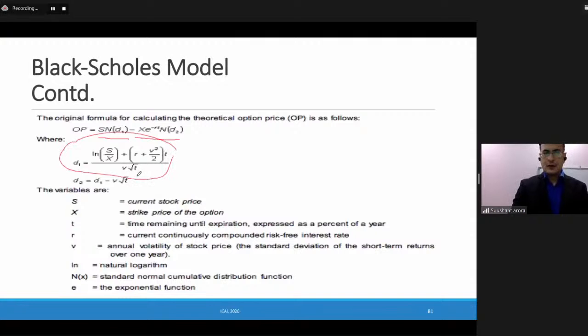The formula for d2, I've already given to you. So first you will calculate d1, then you'll calculate d2, then you'll calculate N(d1), and then N(d2). What is d1? What is N(d2)? I will explain over here first, followed by the question which will complete this concept.